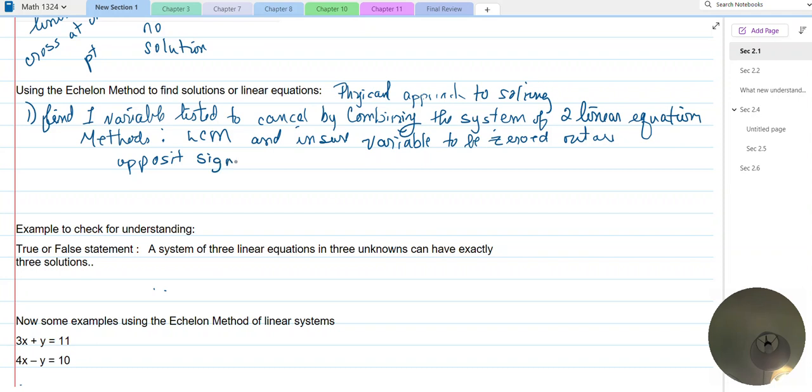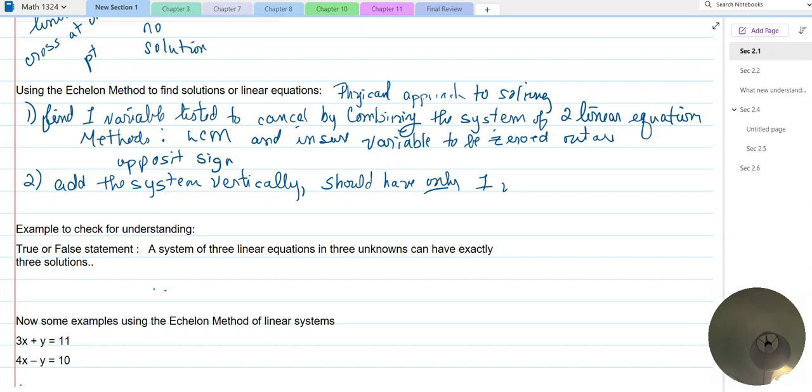Well, once we do this and then we add them, we should have only one variable left. So once we have that one variable, we'll solve for that value.